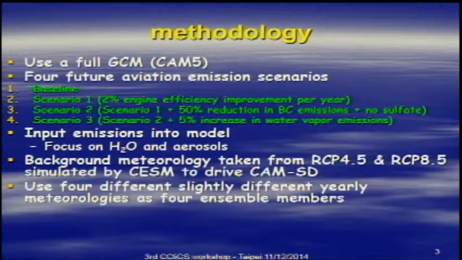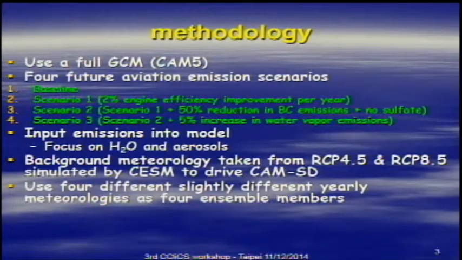The emission species considered in this talk are water vapor, sulfate and black carbon emissions only. Since, based on our previous study, we know the impact is so small, the configuration of the model is the so-called specified dynamics, which will reduce the internal variability of the model so we can pick out the signal of aviation impact better.